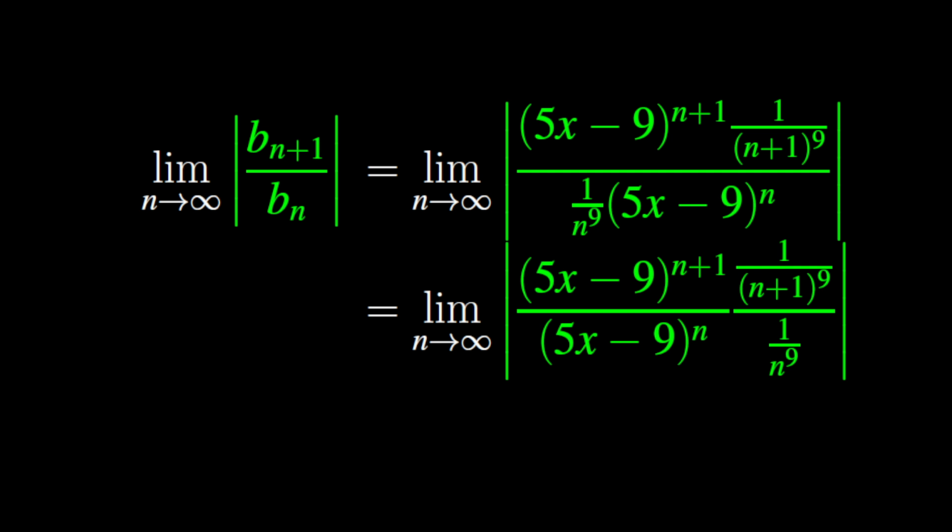The limit of the ratio can be reorganized as the limit as n goes to infinity of the absolute value of the fraction (5x minus 9) to the power n plus 1 over (5x minus 9) to the power n times the fraction 1 over (n plus 1) to the power 9 over 1 over n to the power 9.